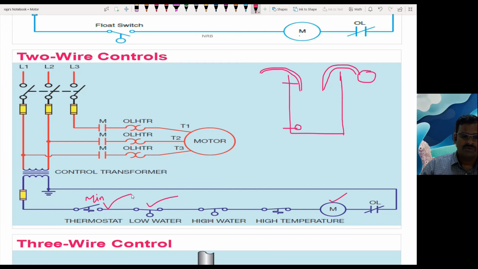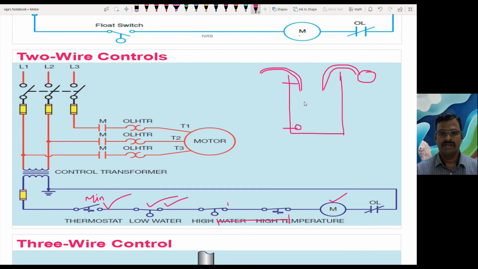These two are NO type switches and these two are NC type switches. When it reaches this limit, it will break the contact and stop the system, and when it reaches these particular limits, these two will close the contact and enable the system to get on. Though we have four different sensors and four different controls, again we don't have any latching mechanism. Automatically it gets on and off once you power on the motor or pump. So this is a two-wire control.